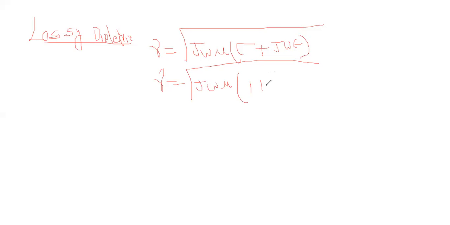So gamma is the square root of j omega mu times j omega epsilon times (1 plus sigma by j omega epsilon). So we get the same thing, 1 into j omega epsilon is j omega epsilon.